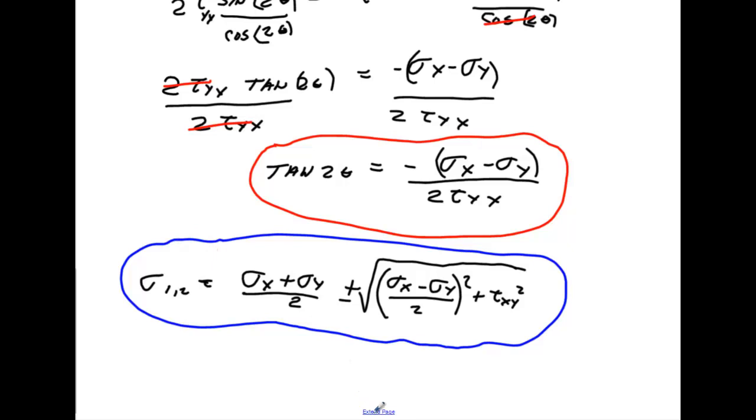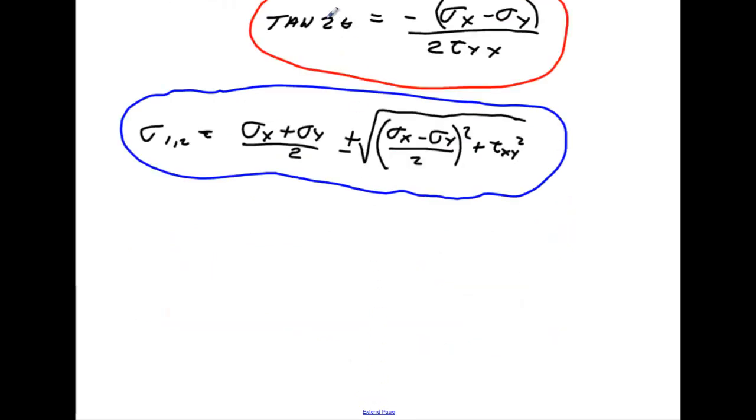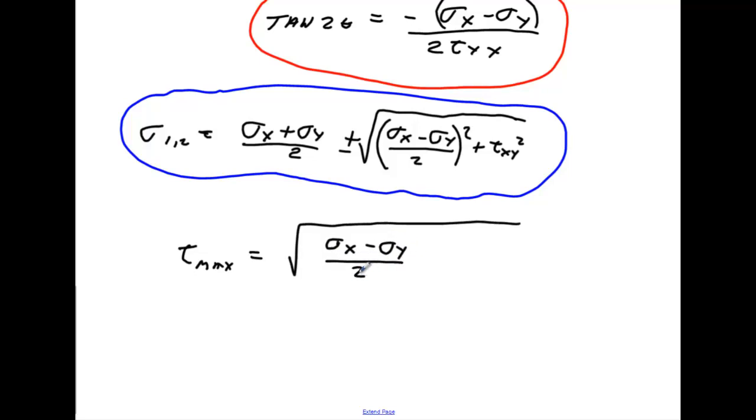Alright, now to get the maximum in-plane shear stress, you can use this equation here, that the max, and that's going to be the in-plane, is going to equal the square root of normal x minus normal y over 2, squared, plus the shear stress squared.